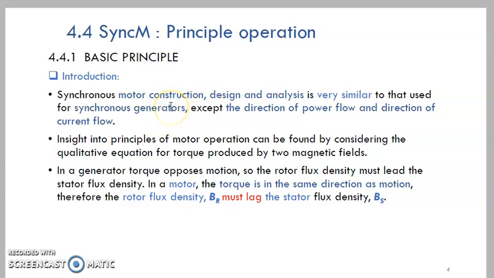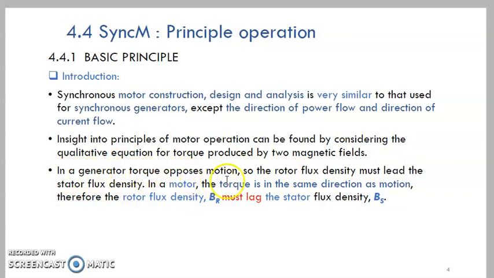Both use the same construction concept, except for the direction of power flow: the motor produces mechanical force, the generator produces electrical power. For the generator we look at the voltage, current, and power produced, but for the motor, how much torque and horsepower the shaft can produce.